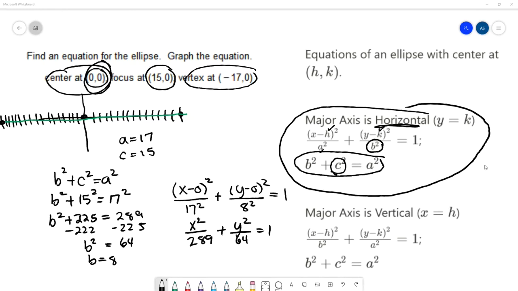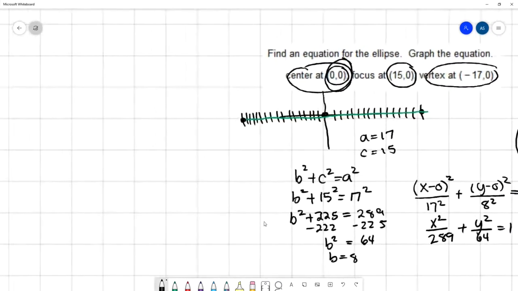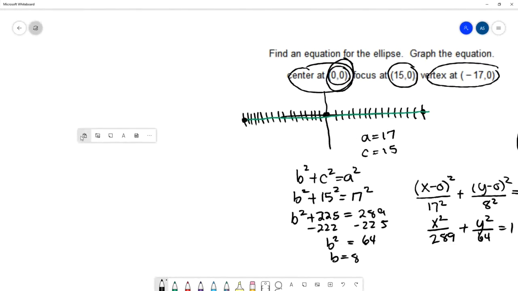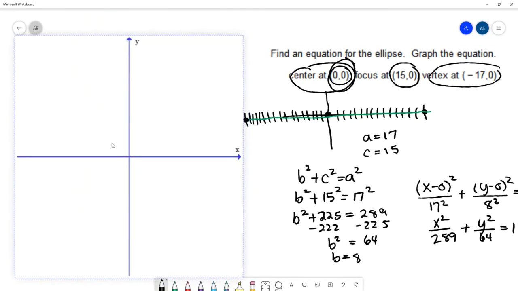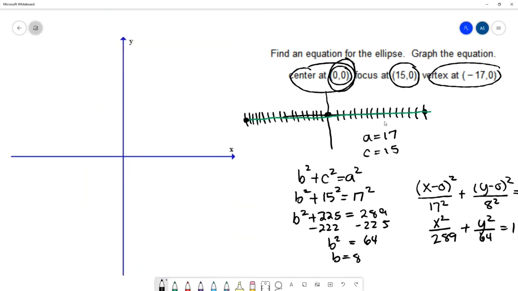So I have a blank graph over here. I'm going to count by fives instead of doing all the tick marks here. So horizontally, I'm going to go 5, 10, 15. And vertically, we'll do 5, 10, 15, 20. So I have my center at (0, 0).